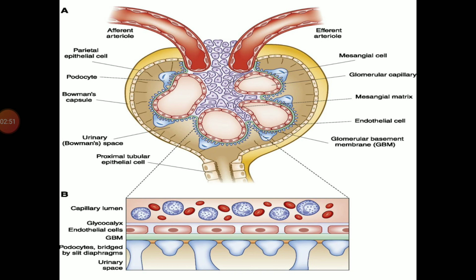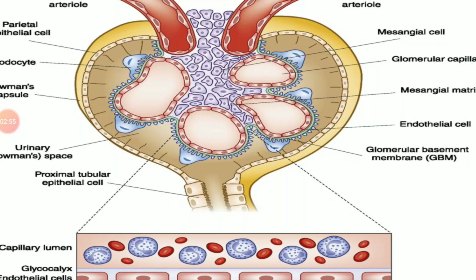So you can see this concept more clearly in this diagram. Here you can see these are the capillaries, right? The arteriole is dividing into the capillaries, and from these capillaries the blood has to be filtered into the Bowman's space.